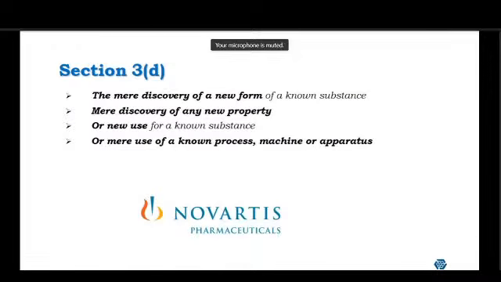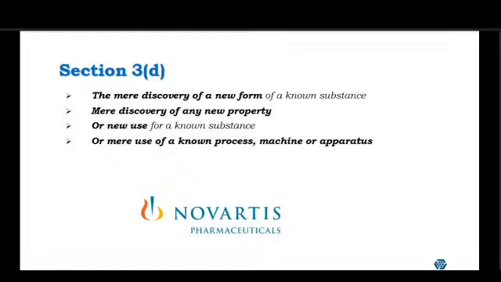So section 3(d) says that mere discovery of a new form is not patentable. As I earlier said, the Novartis case: Glivec was the brand of the anti-cancer medicine, imatinib mesylate. Imatinib was already given a patent in 1993 in India, but Novartis said in 1998 that they had developed a new form, the new salt of imatinib, which is imatinib mesylate, which is more efficacious, more bioavailable than the earlier salt.